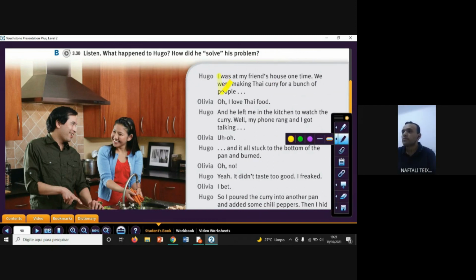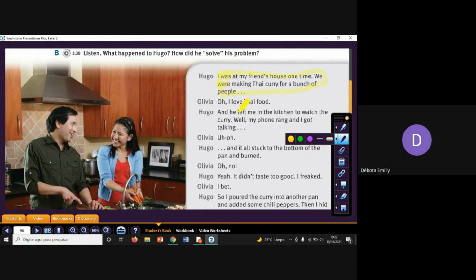This part here, what are the irregular verbs that you can see? Irregular. Yes, irregular verb. So we have, for example, was. Was is one irregular verb. What else? Yes, were. Perfect. Yes, two. You have two here. Two irregular verbs. What about the next part here that he says?